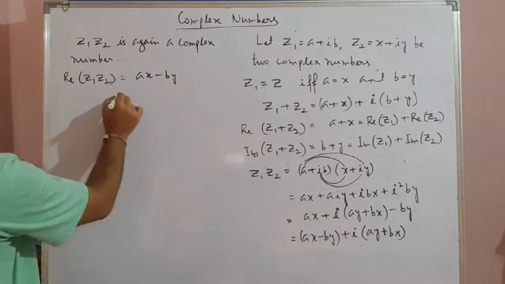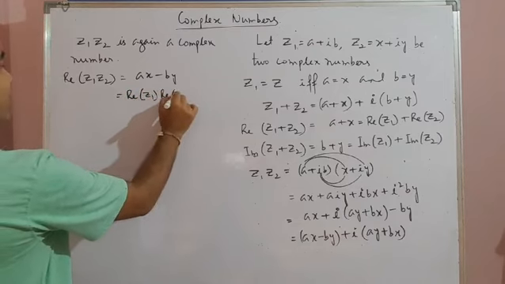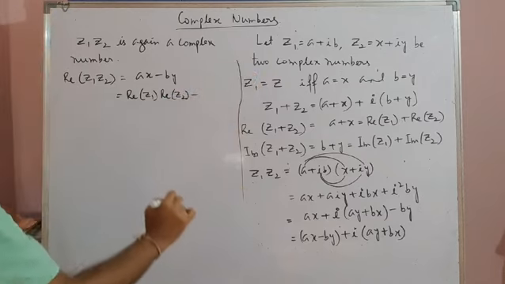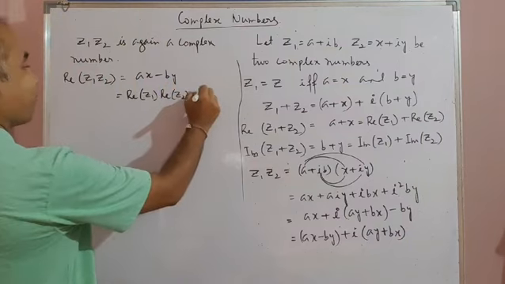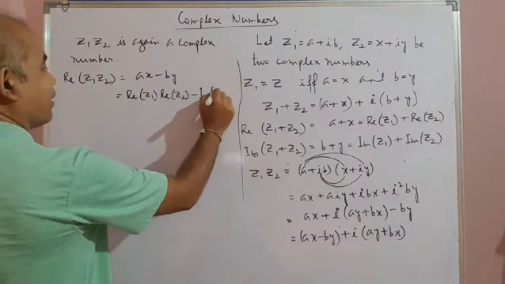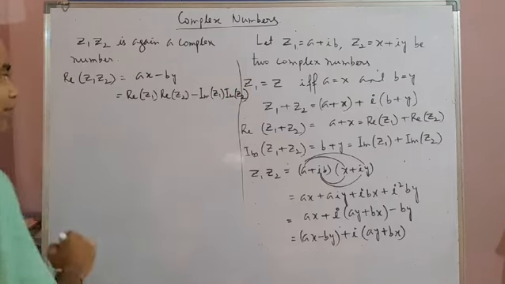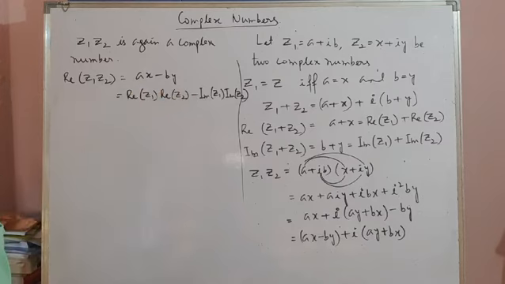That means AX is the product of real parts of Z1 and Z2, minus BY, where B is the imaginary part of Z1 and Y is the imaginary part of Z2. That means it is the difference of products of corresponding real and imaginary parts.